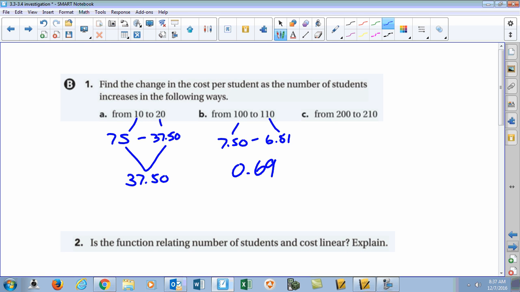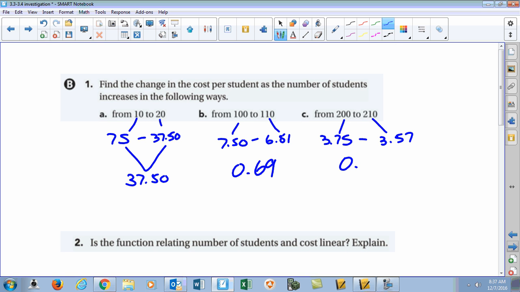All right, so 200. If I took 750 divided by 200, what do I get? 3.75. So see, even though those values are on my table, I can still divide it by the constant, right? What's 750 divided by 210? 3.57. How'd you guess? So what's the difference?